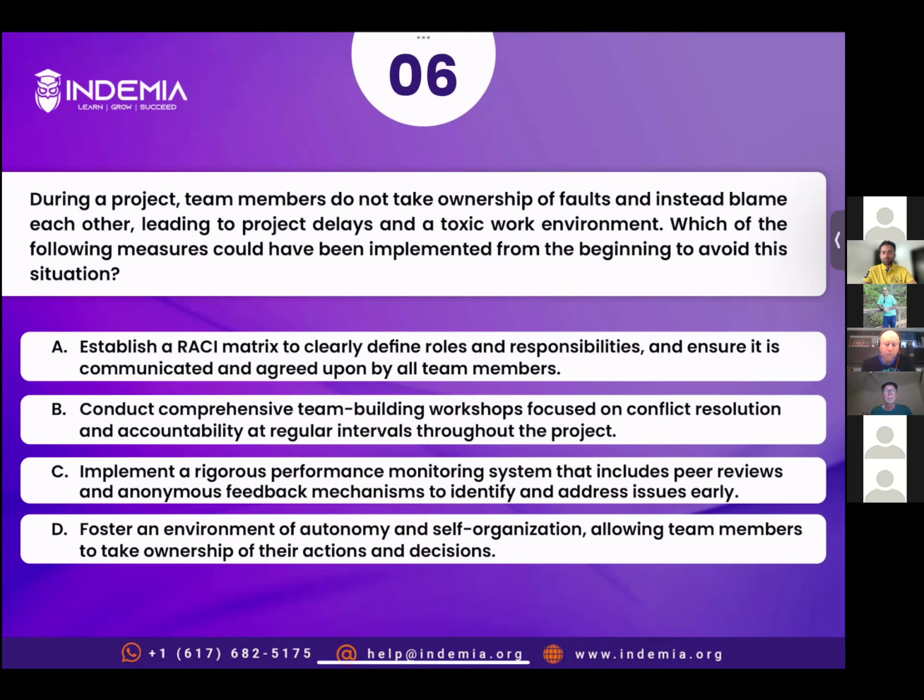That's why RACI is the right answer and all other options are incorrect. Implement a rigorous performance monitoring system that includes peer reviews and anonymous feedback mechanism. Again, it's reactive, right? And B, C and D, I have already explained. So correct answer is option A. Let's read the explanation.